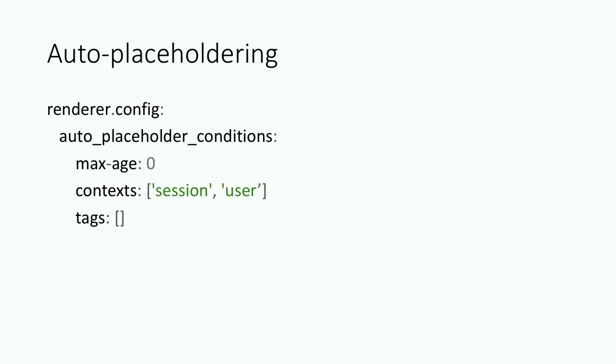So let's say, for instance, my custom tag of easy recipes was frequently invalidated. They were updated all the time. I could add that tag to this configuration. This goes in your services YAML file. I should have mentioned that. That way, those pieces of content would then participate in auto-placeholdering automatically. But to even understand that, you would need some metrics, right?